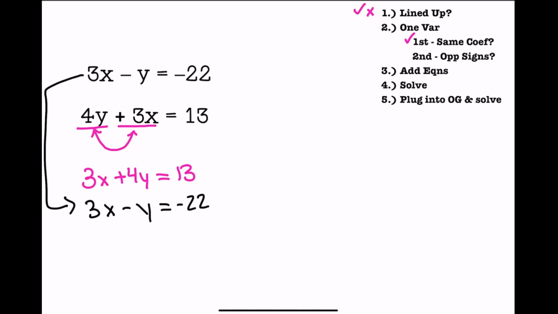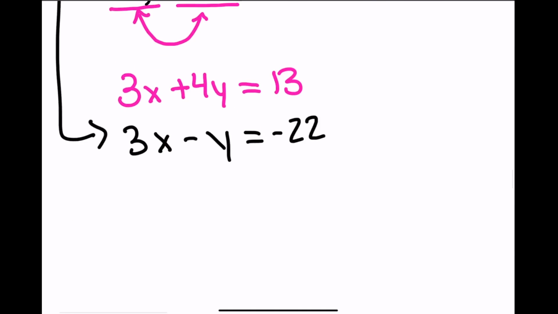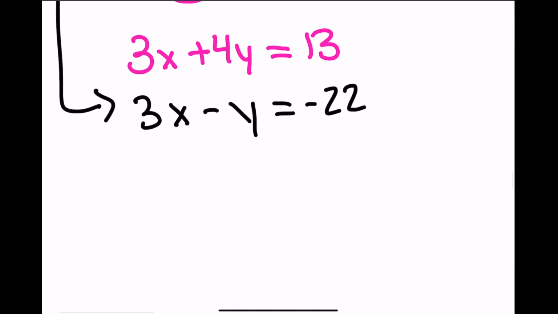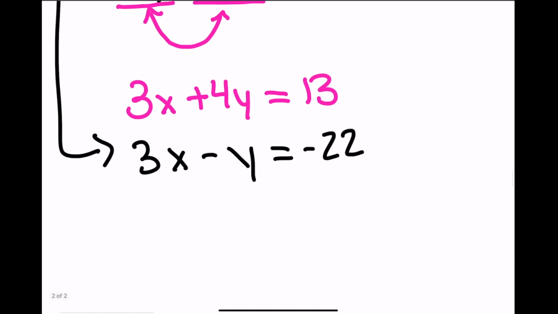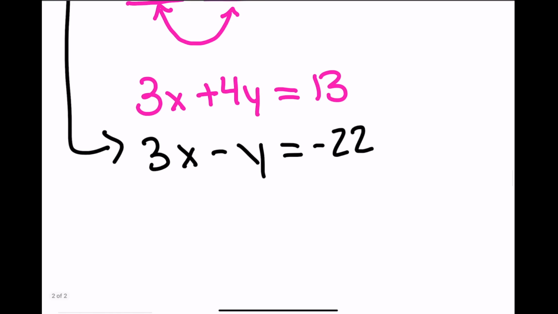Ugh, darn it all. We don't have opposite signs for those x's. So what we need to do is we're going to multiply by negative 1. Now, in this case, because I don't want to rewrite stuff, I'm going to multiply this guy by a negative 1. So, negative 1 times 3x, negative 3x. Now, see how it's lining up with the black here? So I don't have to rewrite the black again. This is great.